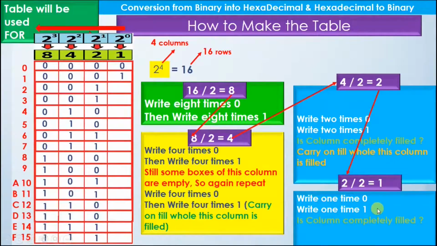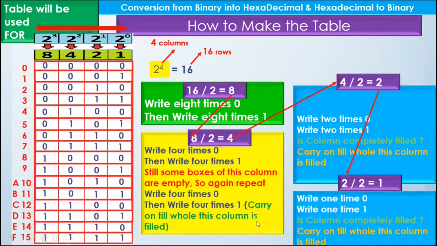So again write 1 times 0. So 1 zero comes here and again write 1 times 1. So 1 one comes here. So we will carry on this procedure till the whole column is filled. So now we have filled the table.